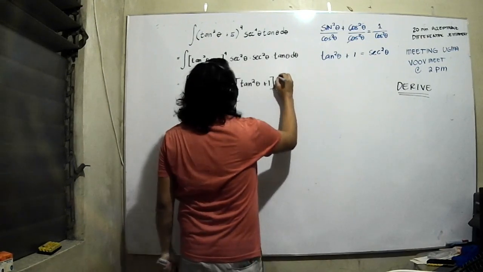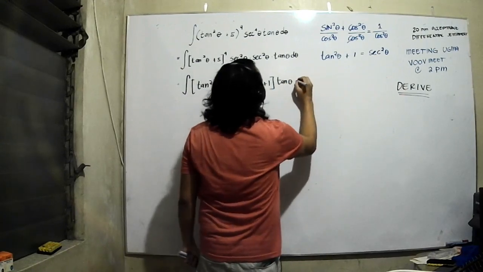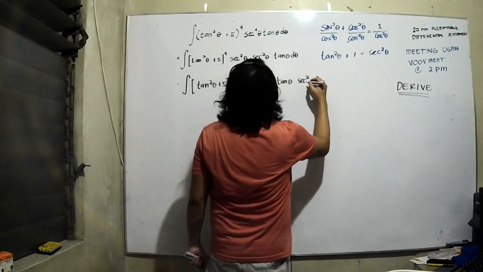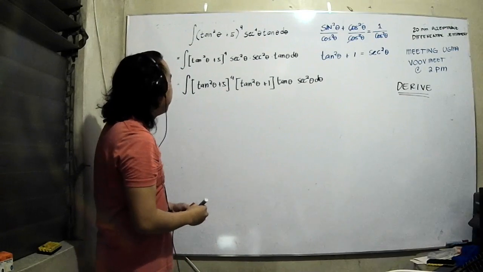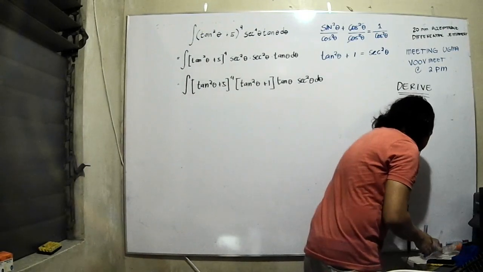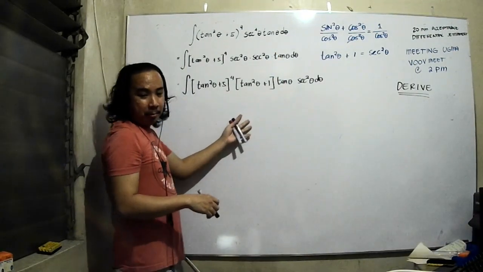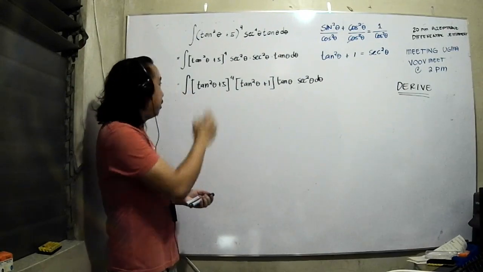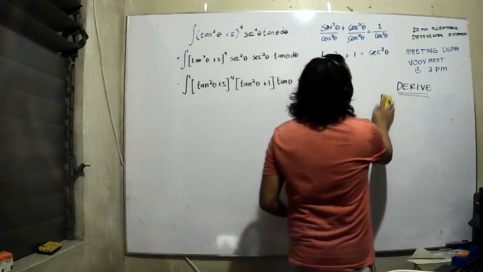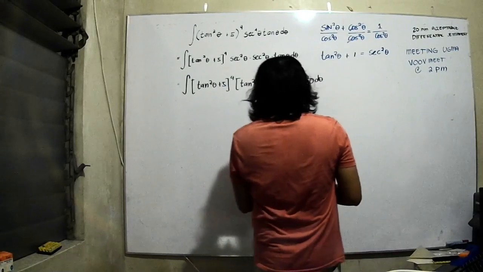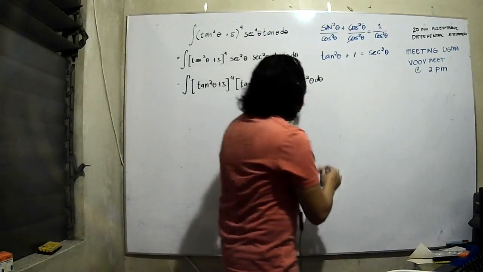So we have this kind of setup, times tangent, secant squared. Now, what I will do is substitute. This is very cumbersome, and I don't want to solve this integral in this form.